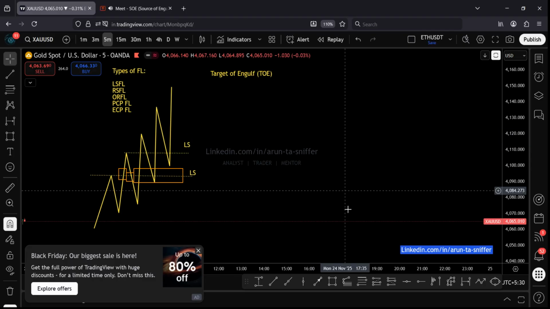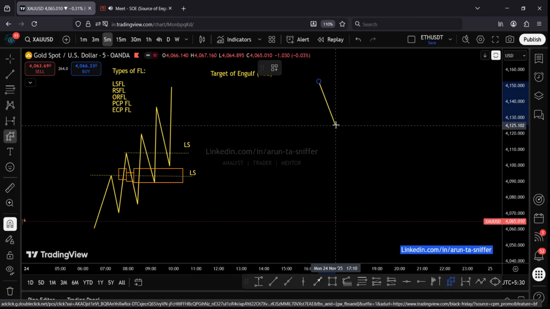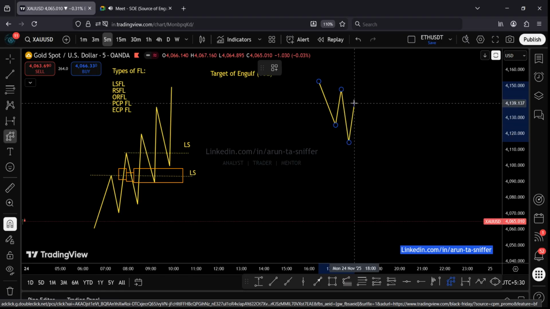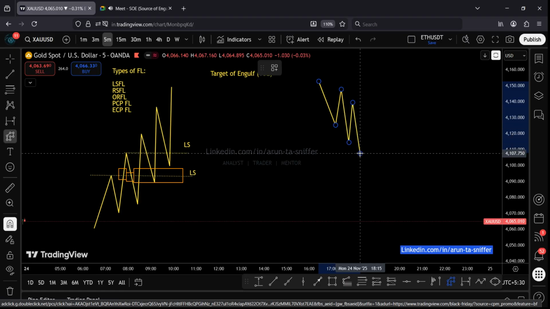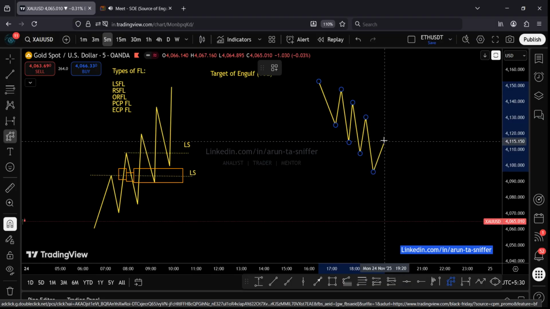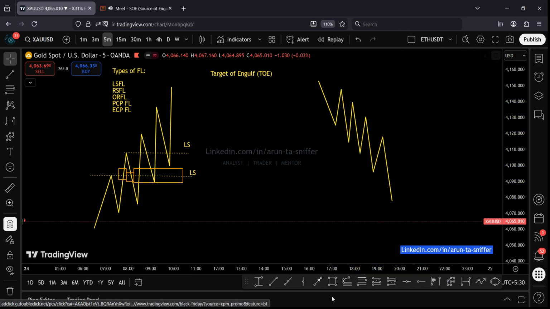And when price comes down like this, up, comes down, goes up, comes down, then goes up again, comes down. In this case, where will be our LS? This one will be our LS.